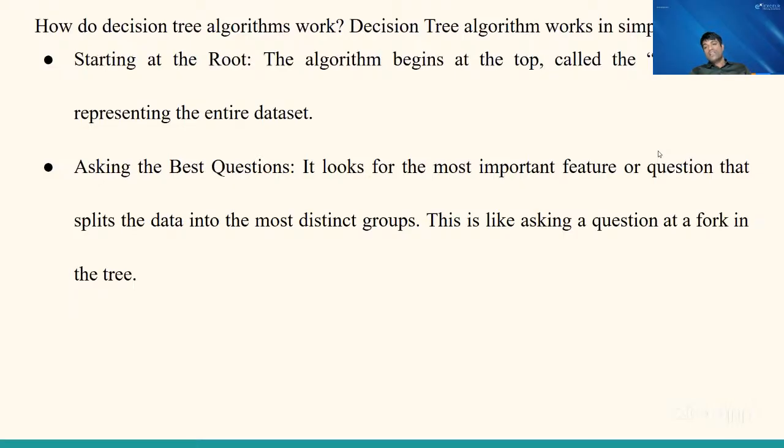This is like asking a question at a fork in the tree. The entropy is telling you that these are the most important features, so start splitting by this feature. That is very important when you start building a decision tree.